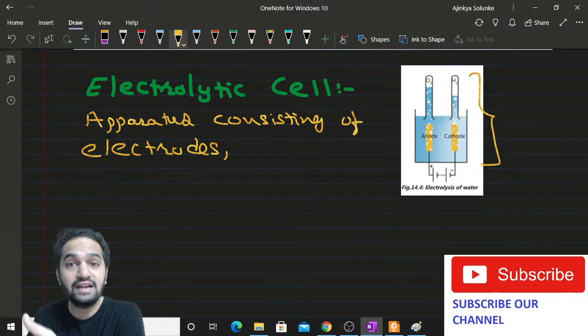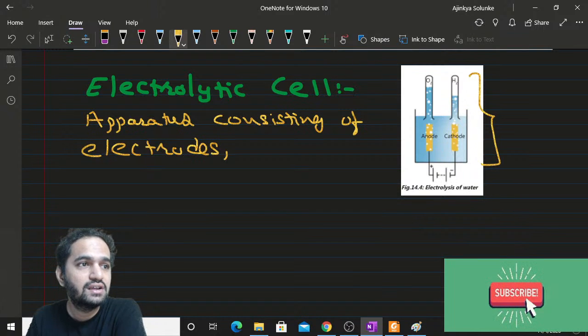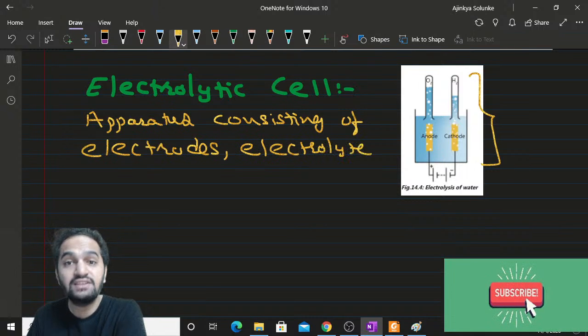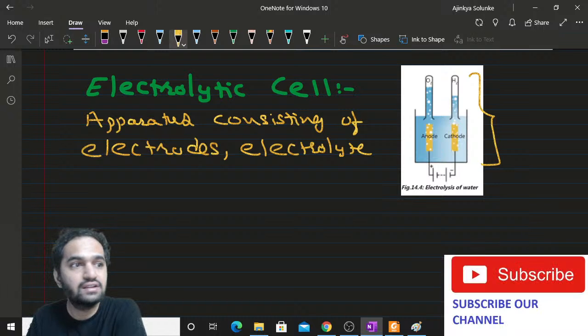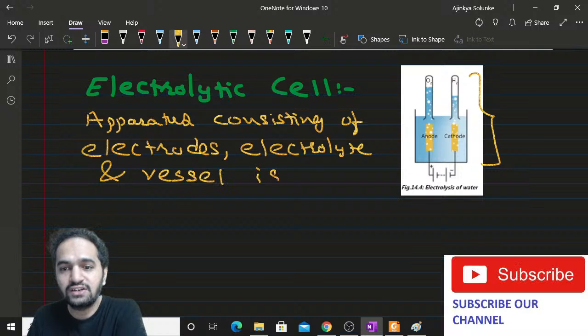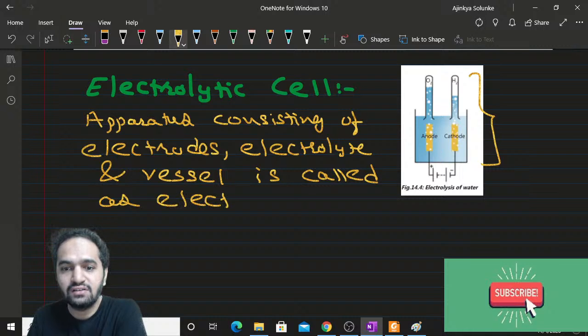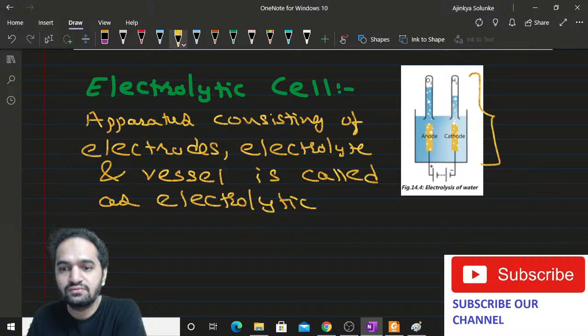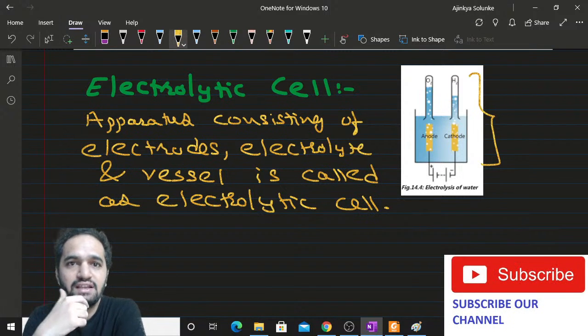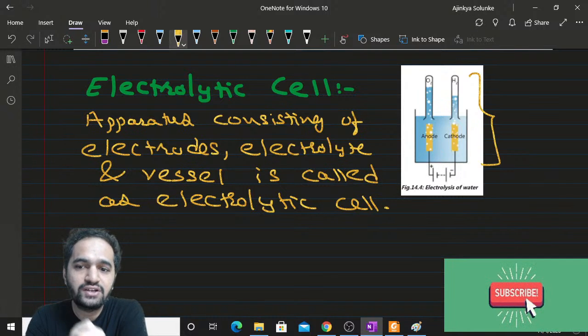What other thing does it have? The liquid is called electrolyte. The apparatus consists of electrodes, electrolyte, and the vessel, the container also. So you write down: the apparatus consisting of electrodes, electrolyte and vessel is called an electrolytic cell. Are you understanding the definition?